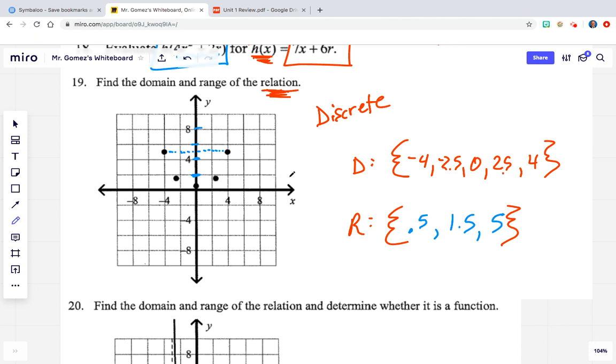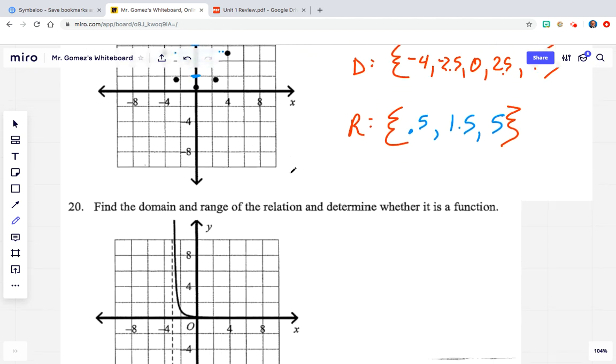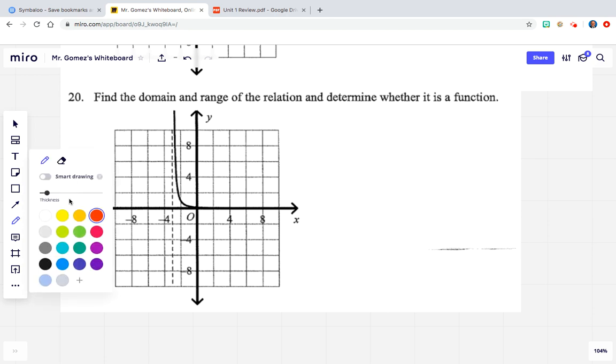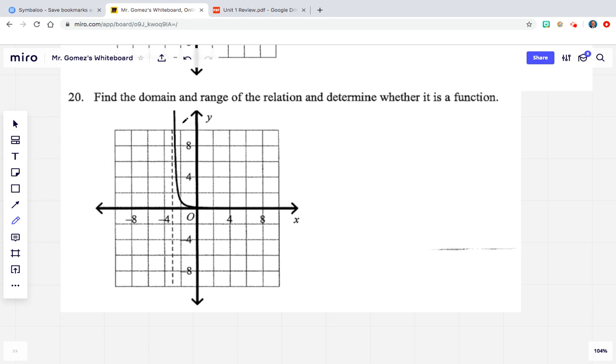All right. Now let's scroll down and go to number 20. Find the domain and range of the relation and determine whether it is a function. First of all, this dashed line that you see is called a vertical asymptote. We will learn later throughout the year what it represents and how we solve for it.